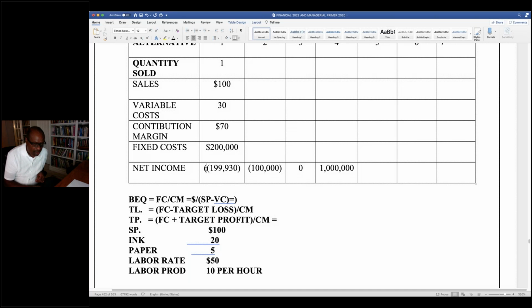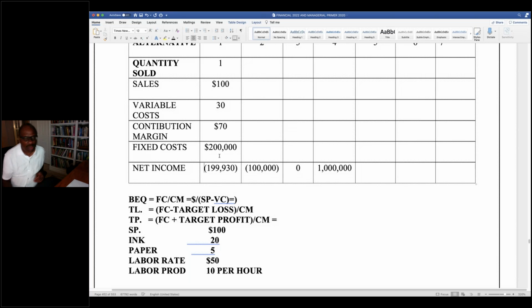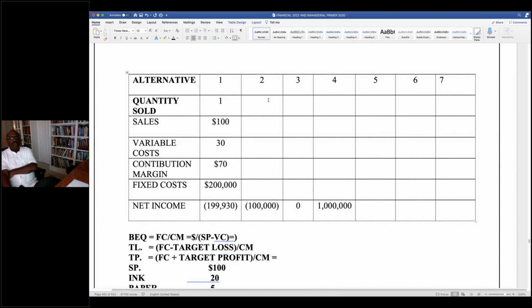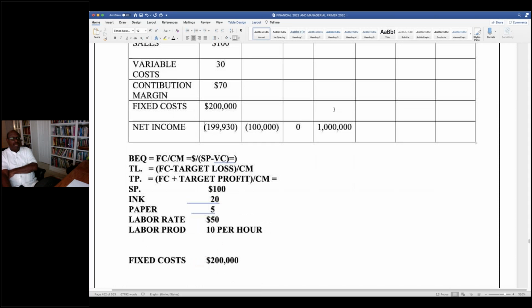So you always want to start out seeing what happens with one item. Now, on your project, you're going to be required to come up with the quantity sold for break even and to make $1 million. So that means you need your variable costs. In fact, your quiz next time will be on your project.